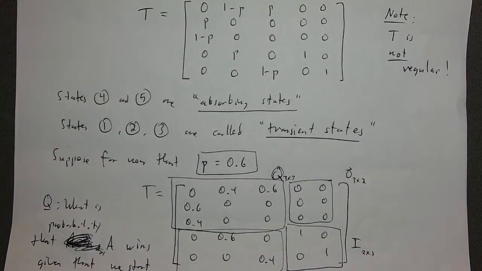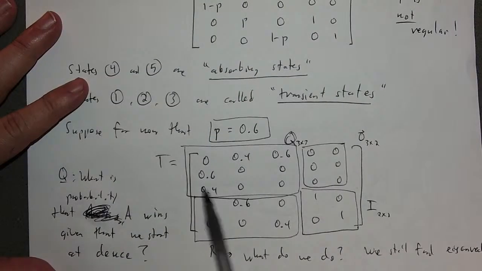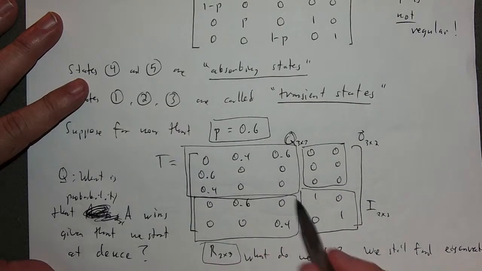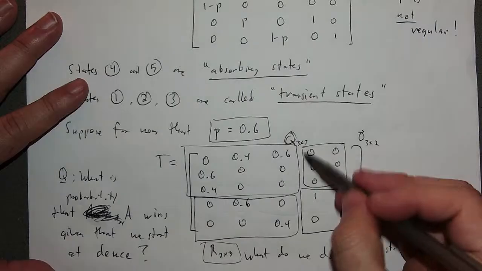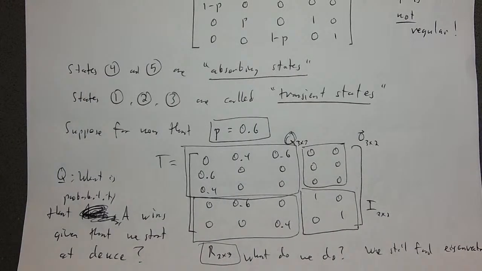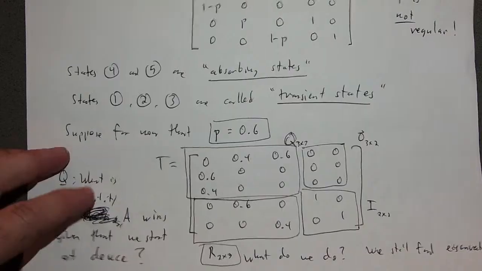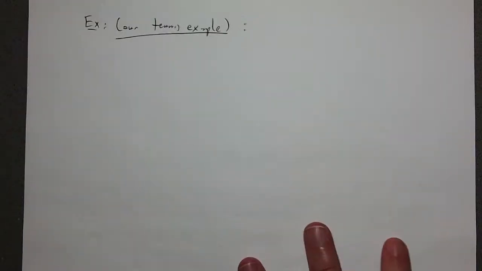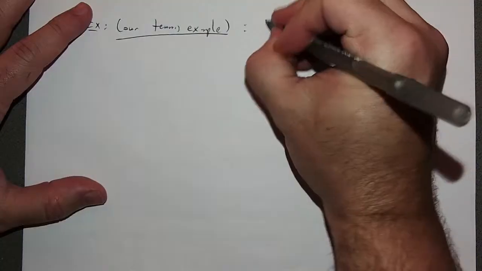For our tennis example, here was our Q. Here was our R right here. And of course, this is the zero matrix. Here's the identity matrix. So what do I need to compute here? Let's just compute directly in MATLAB. So here's R, here's Q.